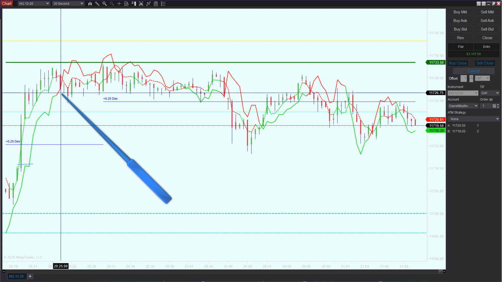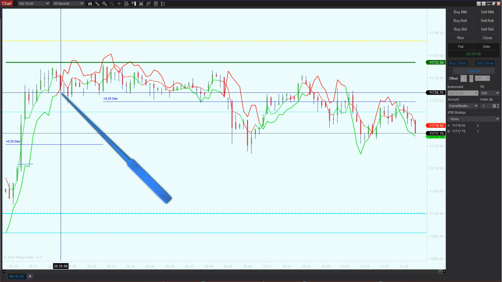Now, do you always want to wait for it to retrace back 10 points and give all that money back? Just because of how I have it zoomed.